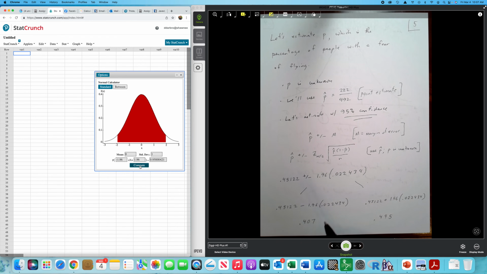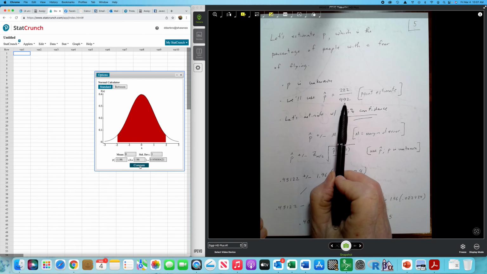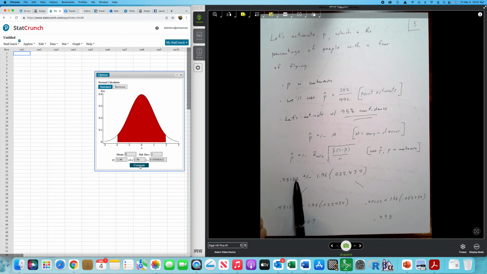So in our problem, P hat, if you take 222 over 492, you get this value. Our Z critical for the 95% confidence interval is 1.96. We found that earlier. And then if you put this in your calculator, the standard error is 0.022434.